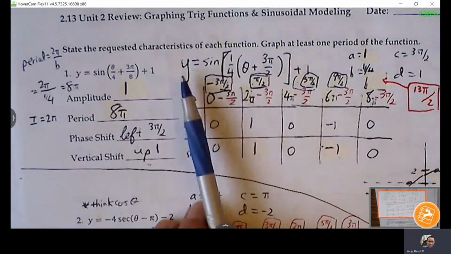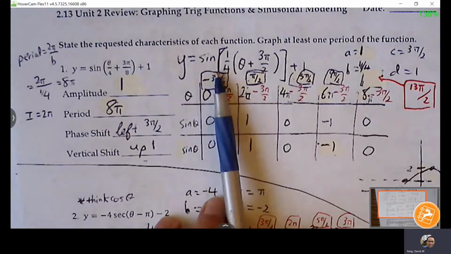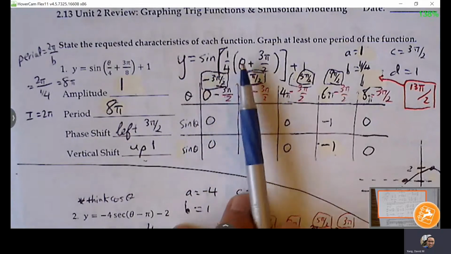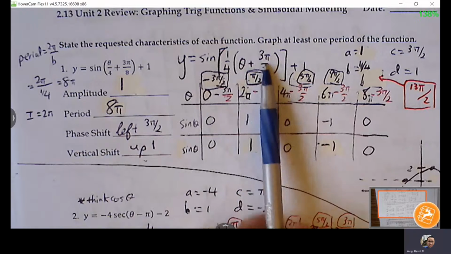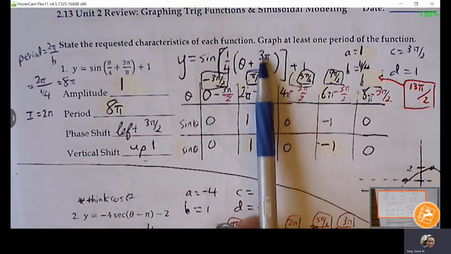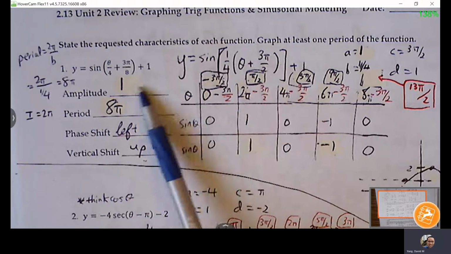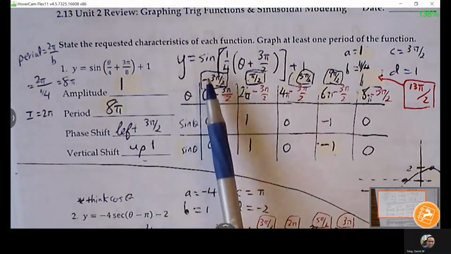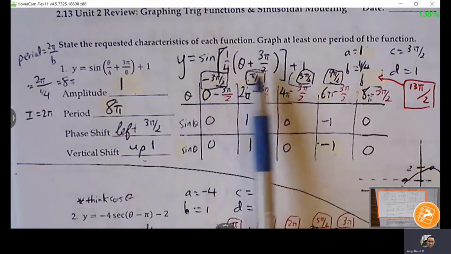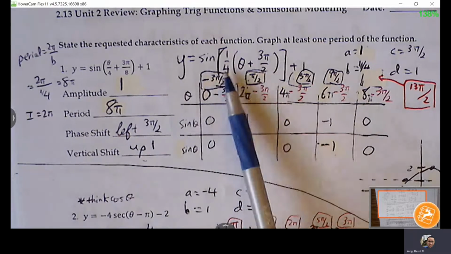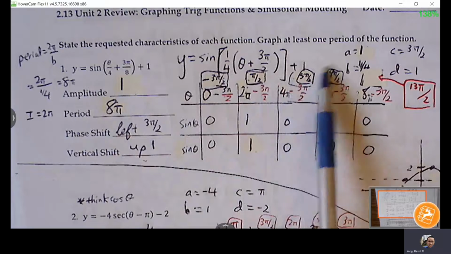So we factor out a 1/4. We have to make sure that we adjust our C value so that 1/4 times whatever we fill in here will end up giving us 3 pi over 8. So 1/4 times 3 pi over 2 gives us 3 pi over 8. So that's our B value, that's our C value.